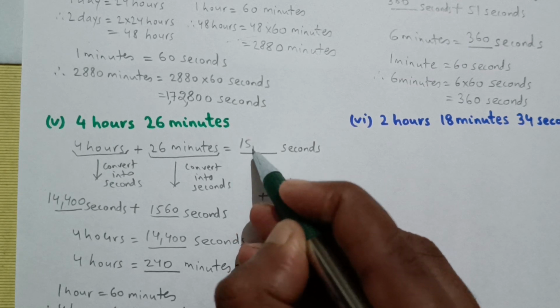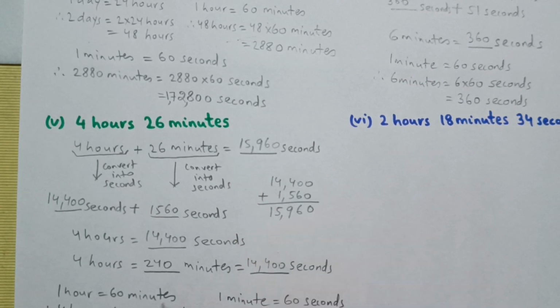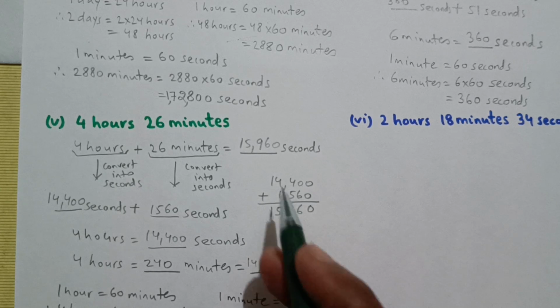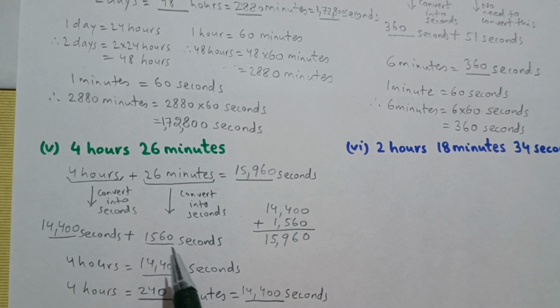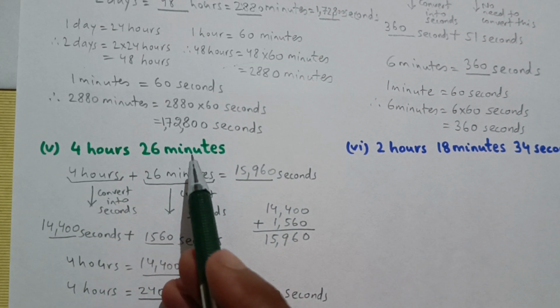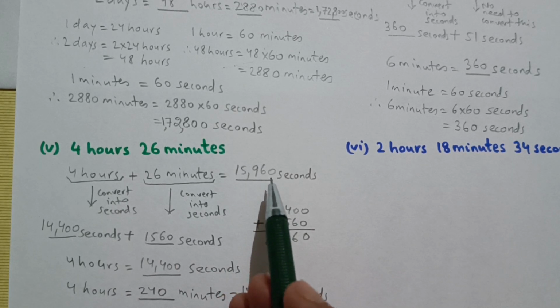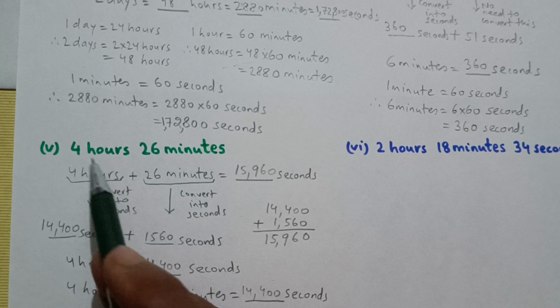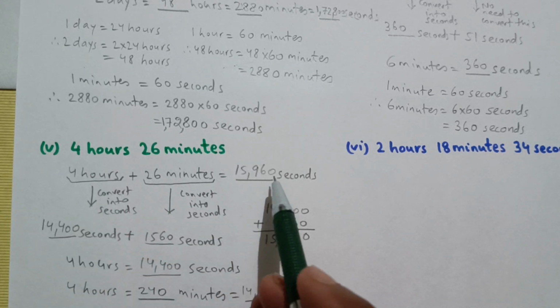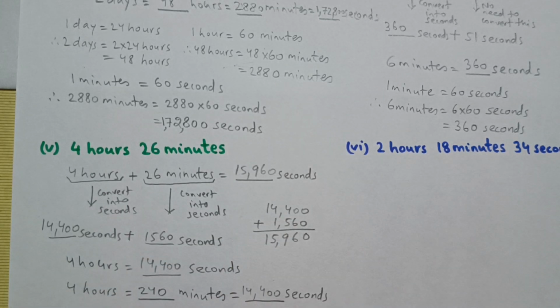So 4 hours 26 minutes, when we convert it into seconds, is 15,960 seconds. The answer for question number 5 is 15,960 seconds.